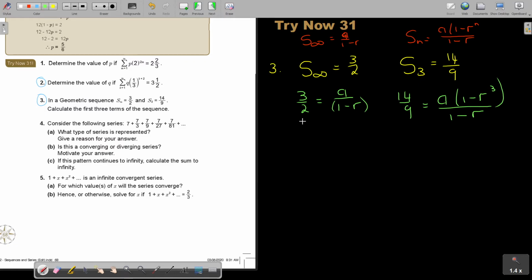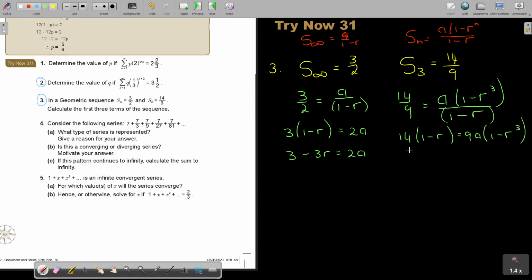So I get 3(1 minus r) is equal to 2a, so 3 minus 3r is equal to 2a. Cross multiplying this, I get 14(1 minus r) equals 9a(1 minus r^3).